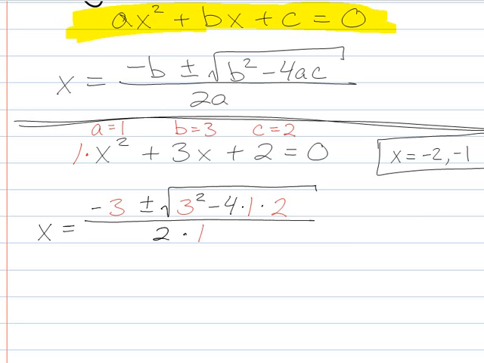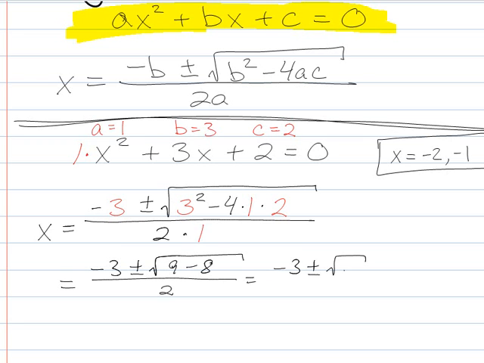Okay? Now I'm going to simplify it. So I've got negative 3 plus or minus the square root of 9 minus 8 over 2. So negative 3 plus or minus the square root of 1, which is, the square root of 1 is just 1, over 2.